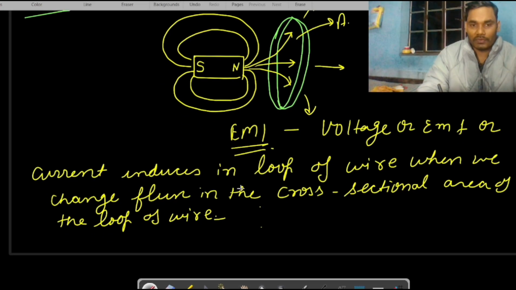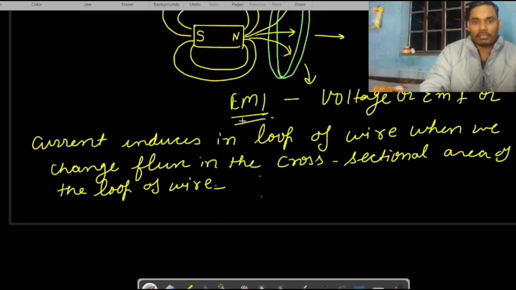Okay, there is a law which explains this phenomenon, that is called Faraday's law. So what is this Faraday's law? There are two laws in Faraday's law. One is the same as electromagnetic induction, that when we change magnetic flux in the loop of wire, then voltage or current will be induced.